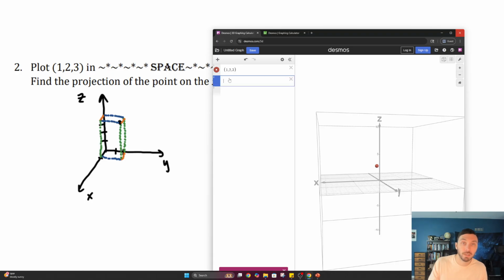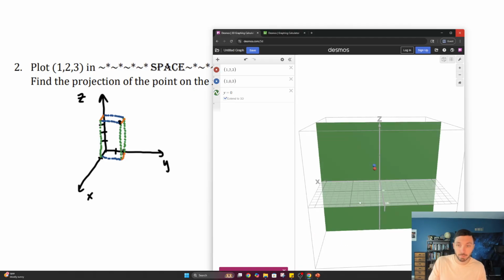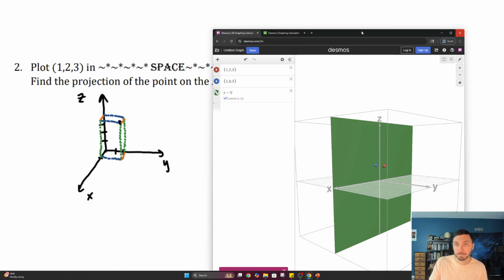So that would be when y is equal to 0. Assuming I'm directly behind it, the shadow would be at 1, 0, 3. That's the point on the xz plane when y is equal to 0. The point on the wall. I flash the flashlight, and this is where the shadow would be on the wall.